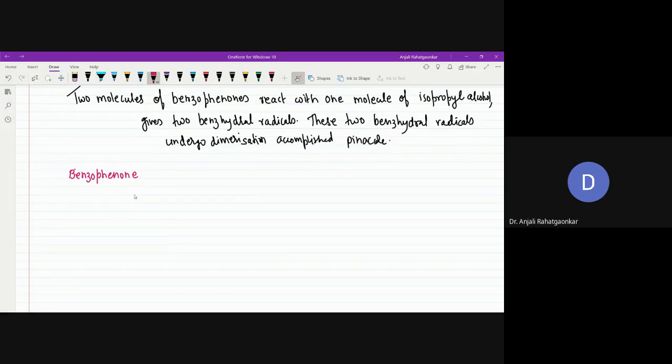But if the benzophenone is substituted with electron donating groups, it will not undergo photoreduction.